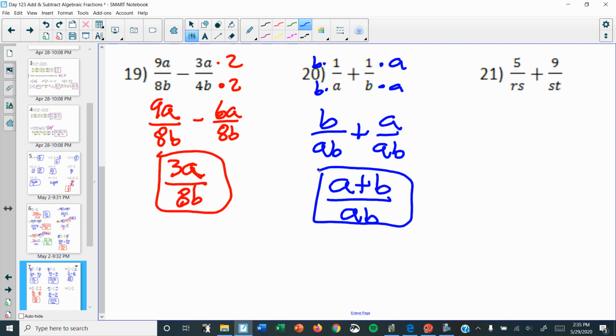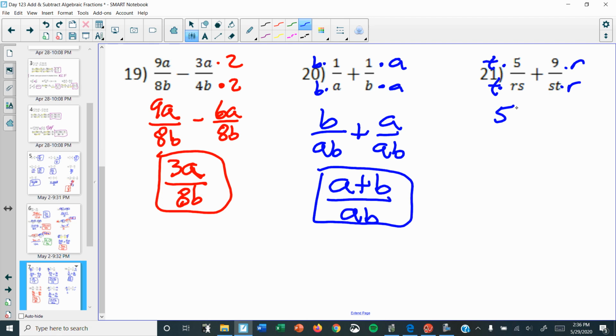21. Let's see. Are they the same denominator? No. They both have S's, so I don't have to worry about that. But the first one's missing a T, so whatever you do to the bottom, do to the top. And the right one is missing an R. So multiply the bottom and the top.